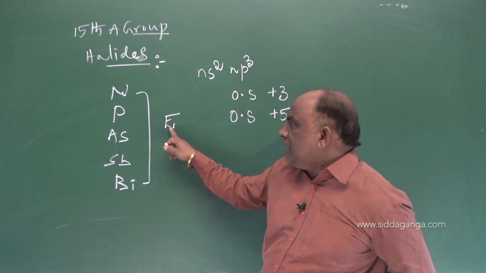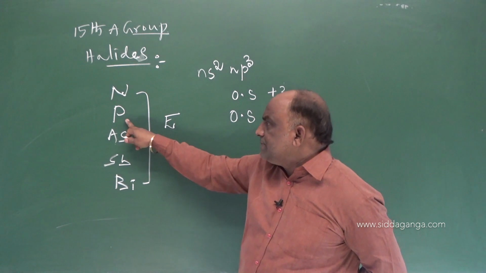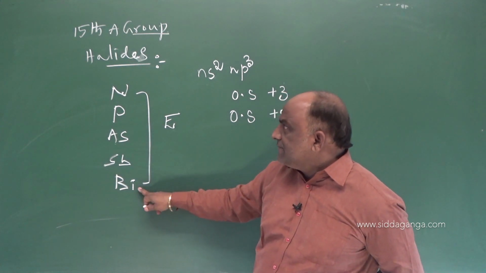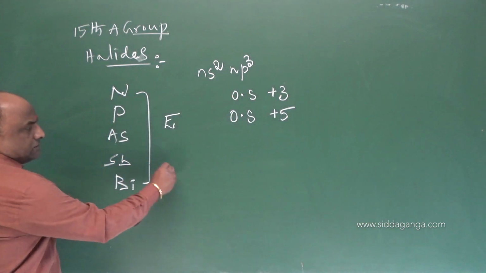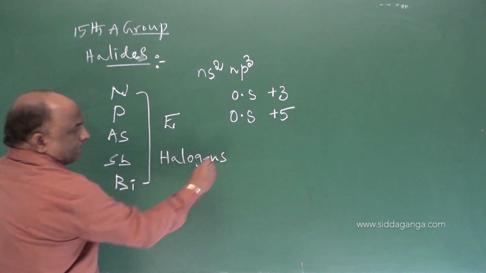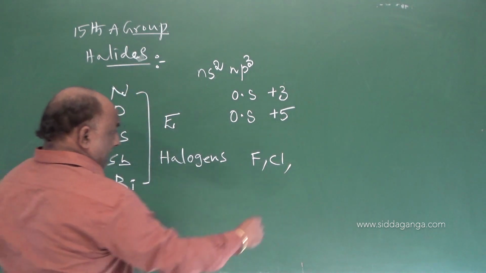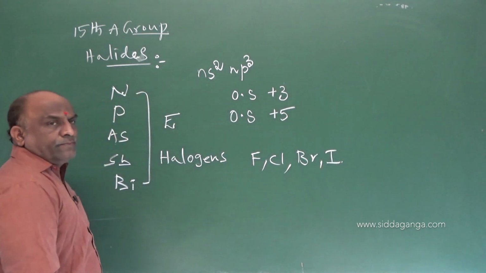So E is nitrogen, phosphorus, arsenic, antimony, bismuth, and we also have halogens. We know the halogens: fluorine, chlorine, bromine, iodine.